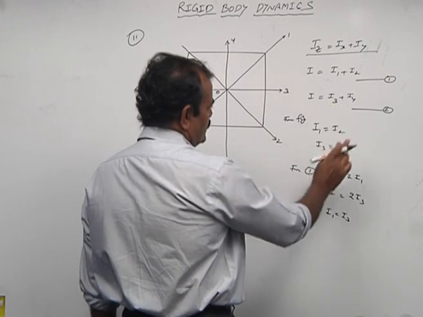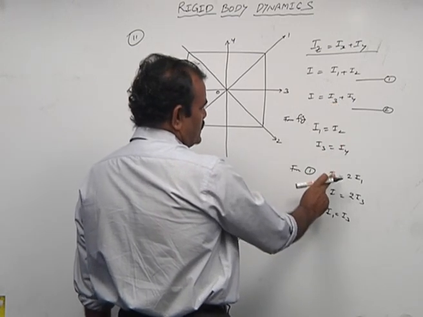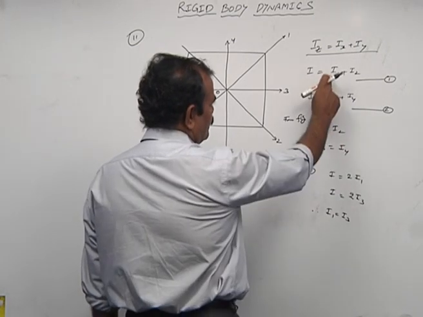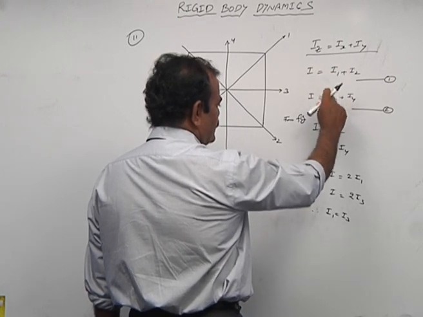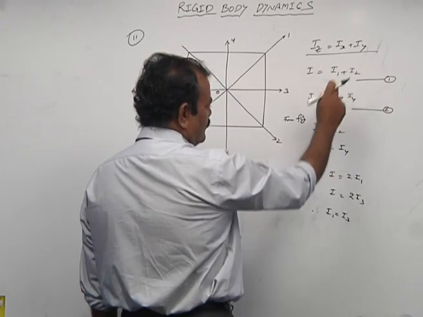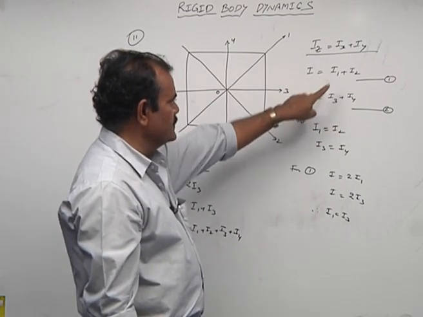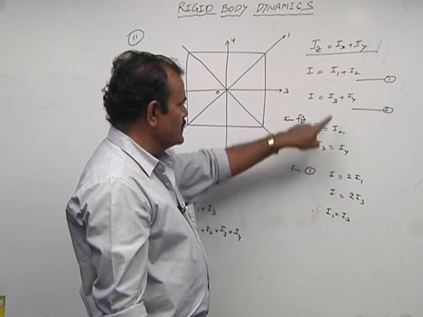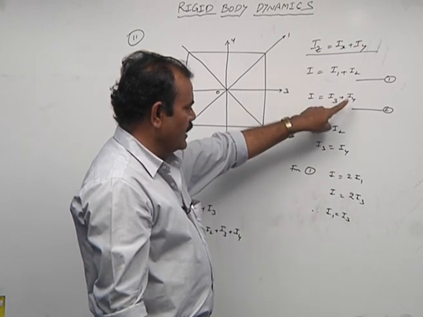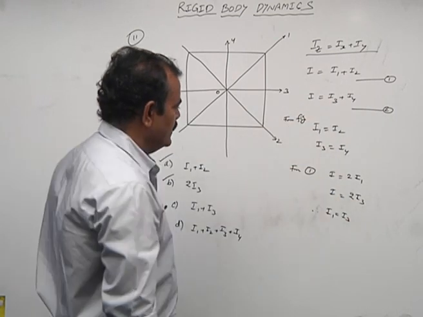So once again: in place of I2 we have applied I1, so I is equal to 2I1, and in place of I4, I is equal to 2I3.